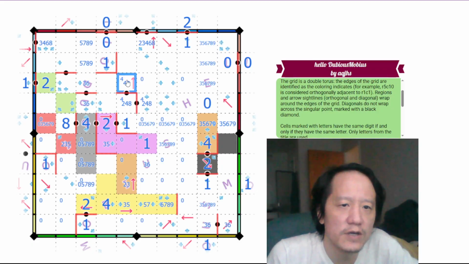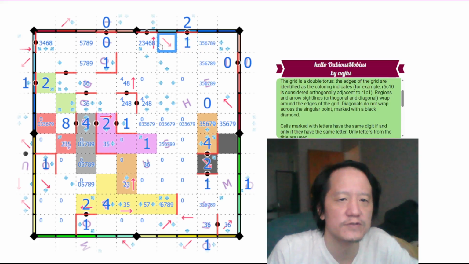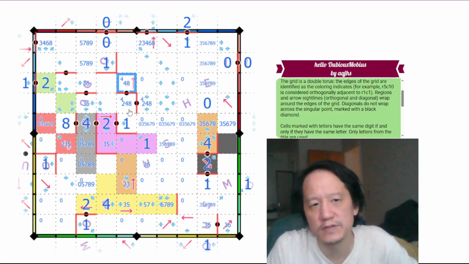Can this ever be 8? I think maybe. Yeah. Right, because if this is a separate region, it could be 1, 2, 3, 4, 5, 6, 7, 8. And then go that way to here, and then we go to there. We don't know where this region is, right?